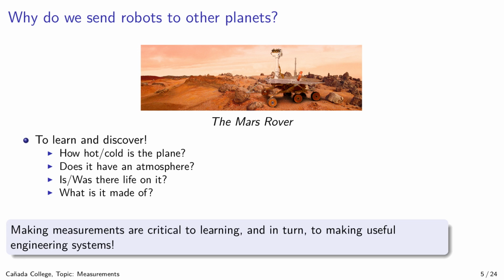So in a sense, making measurements is critical to learning, and in order to be able to make good measurements, we need to design good engineering systems, and in turn good engineering systems are actually linked to being able to make very good measurements so that we can learn. So in a sense, learning is critically linked to our ability to make measurements.